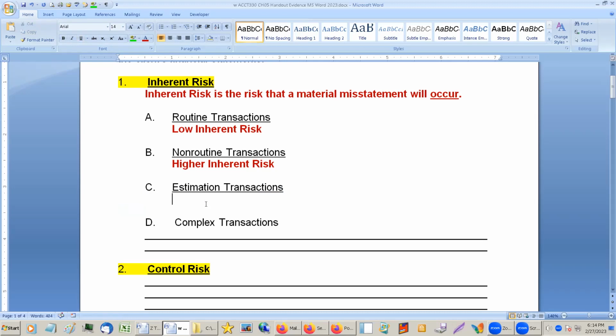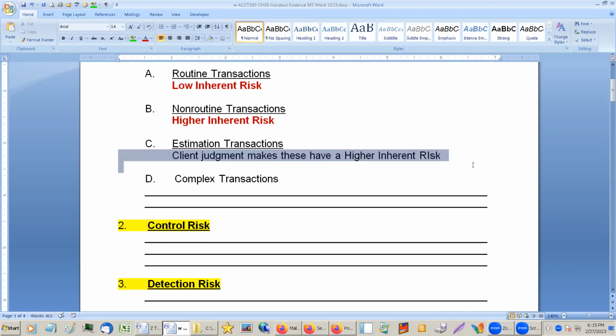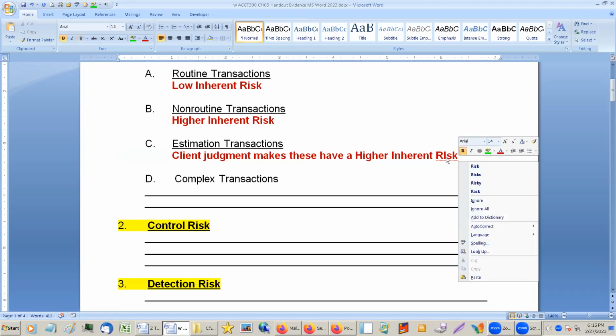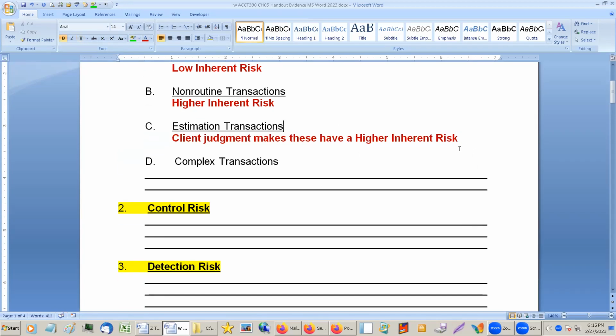These a lot of times will have judgment. So client judgment a lot of times will make these have a higher inherent risk.